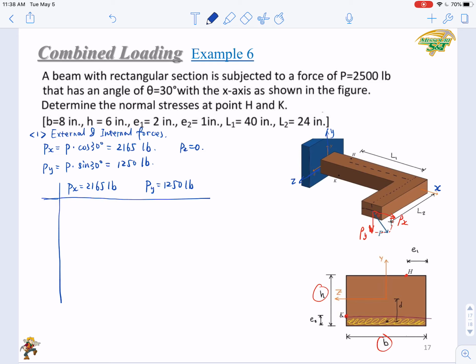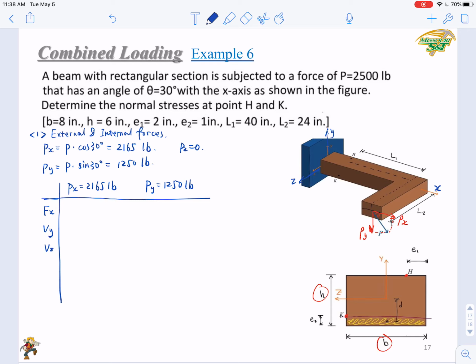The axial direction with respect to this cross section on YZ plane. So the axial direction will be x. So you have Fx. Okay, you will have a Vz and a Vy. How about Vz? Do you have Vz? Since you don't have loading along z direction, right? So no Vz at all. But let's write it here. Okay, Vz is just 0.